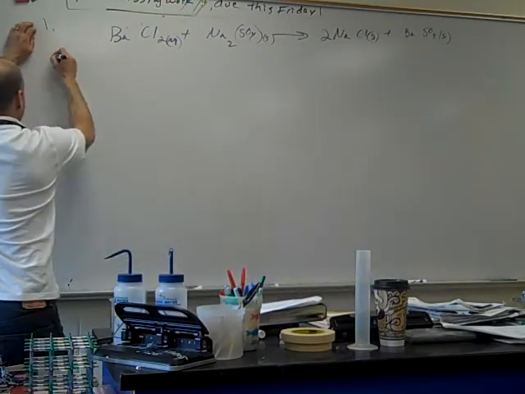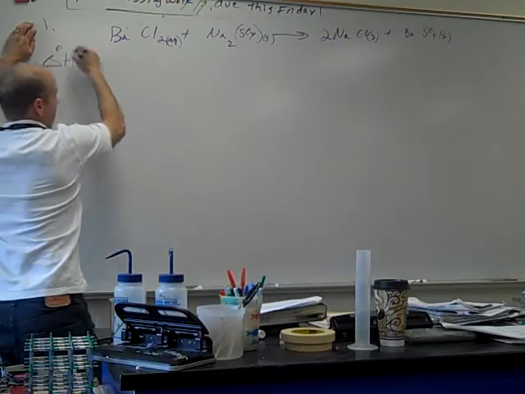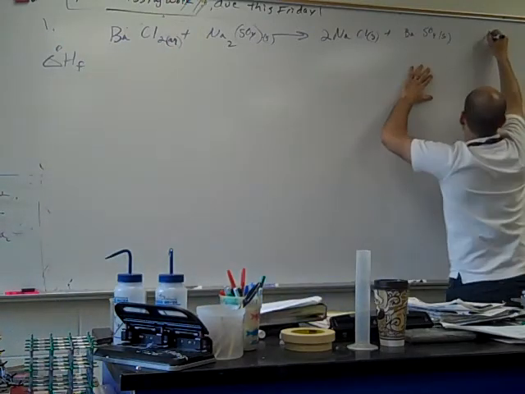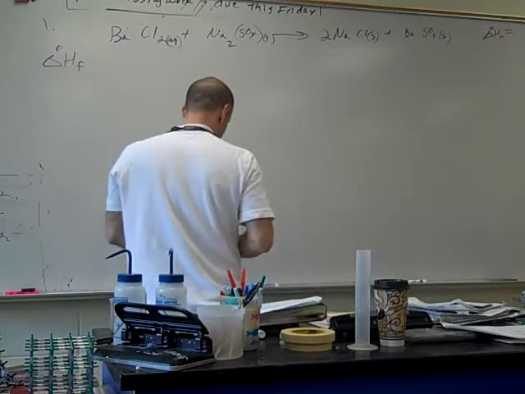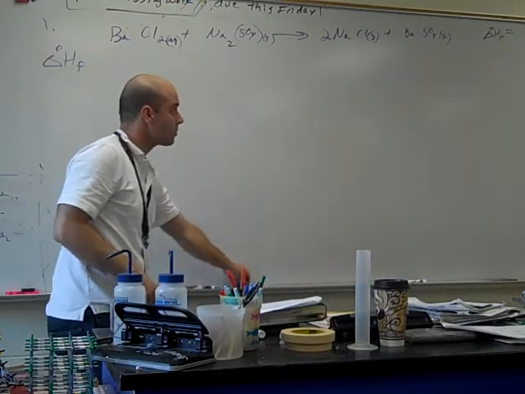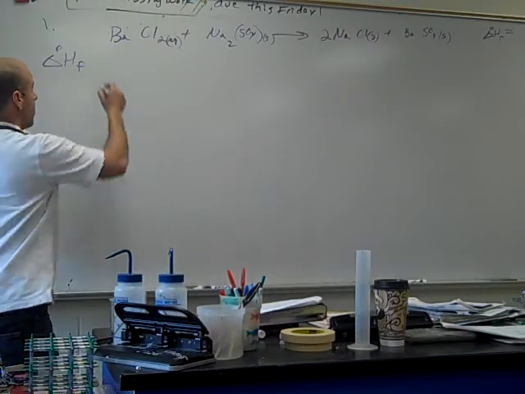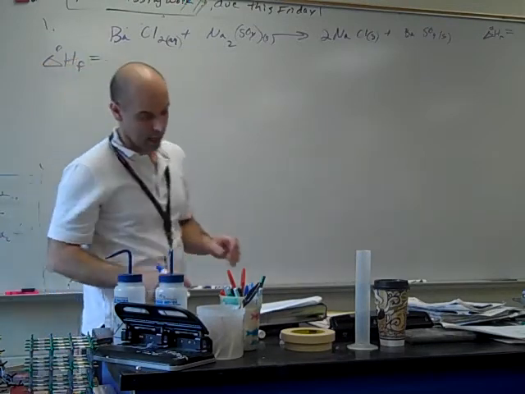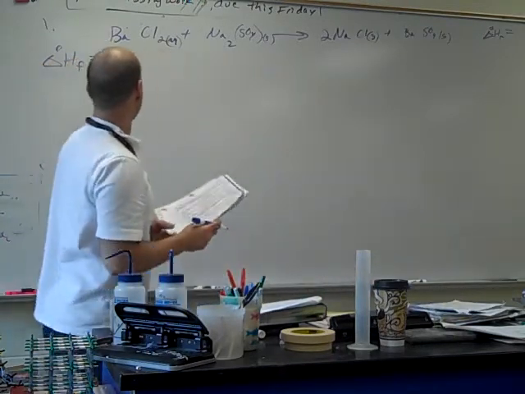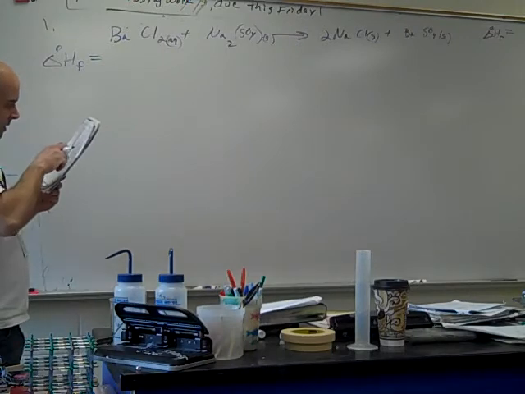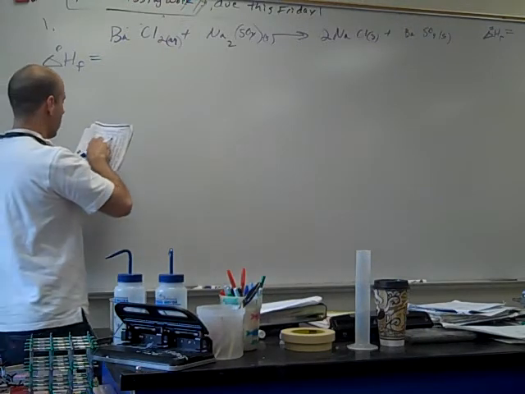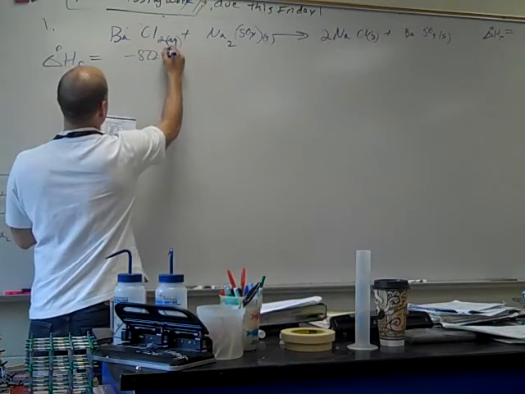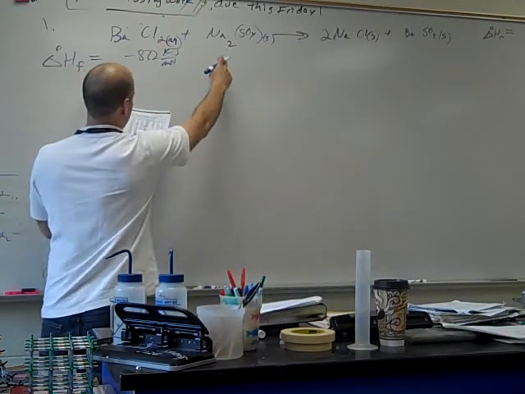So the first thing we have to do is find the delta H of the whole reaction. Is it positive or is it negative? So we get out our delta H formations. We get that from Appendix N. So barium chloride is -872 kilojoules per mole.